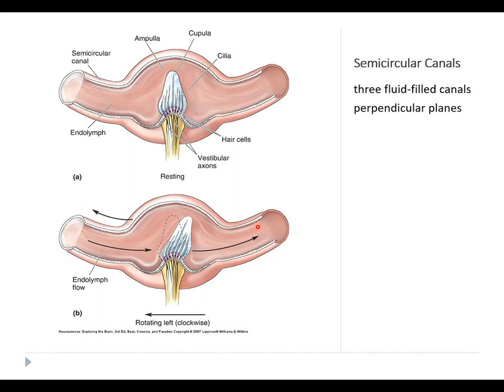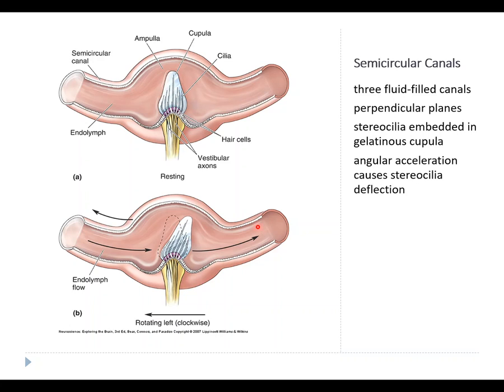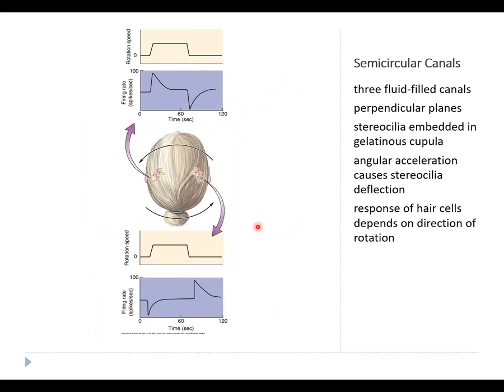The endolymph would be pushed to the left or clockwise, and it would push the cilia that way. So again, the stereocilia move because they're stuck inside that gelatinous cupula, and any angular acceleration, meaning changing the rotational velocity of your head, will cause some of the stereocilia in at least one set of semicircular canals to rotate. So depending on what direction you're rotating, you'll be activating a different combination of semicircular canals.